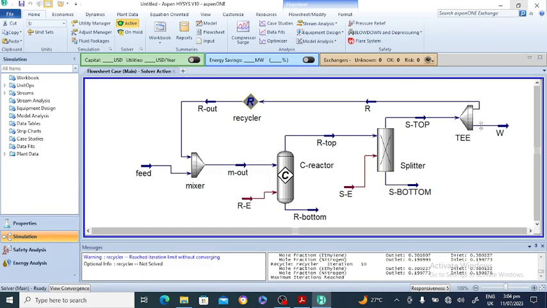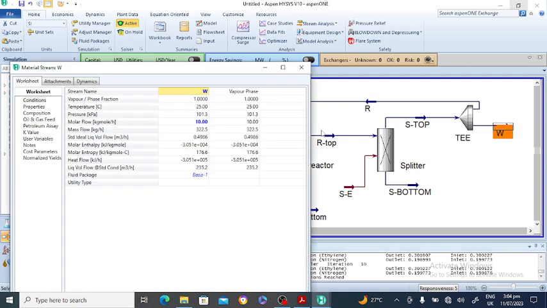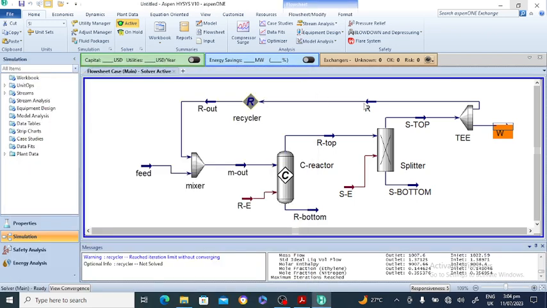Now suppose I change it to 5 kilomole per hour and enter it. See, the recycle changed from 6.66 to about 32 kilomole per hour. So when we decrease the purge, the recycle automatically increases, and this stream is 36.